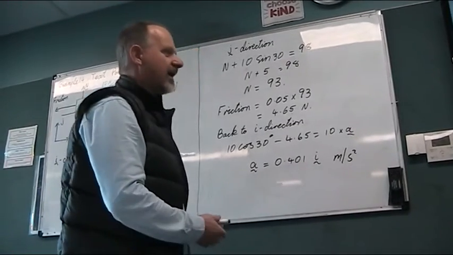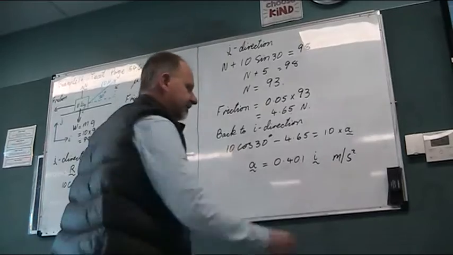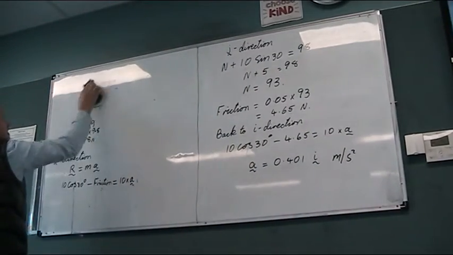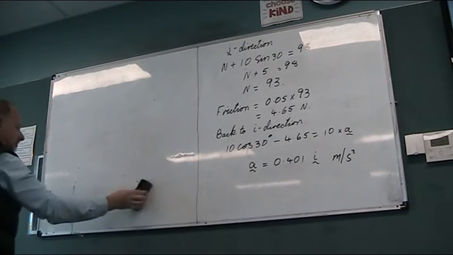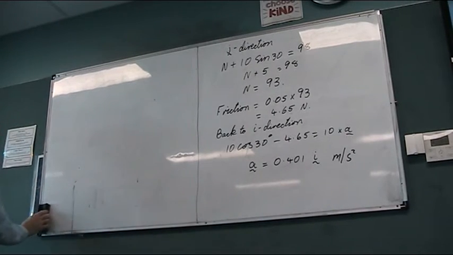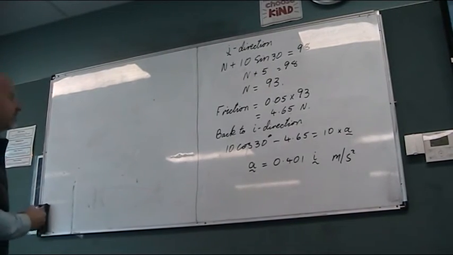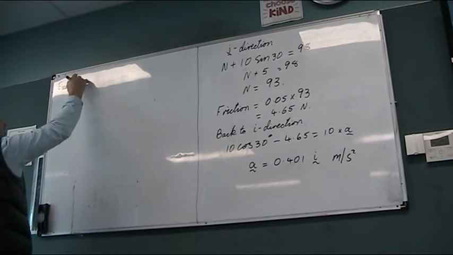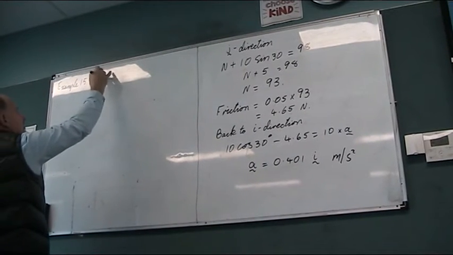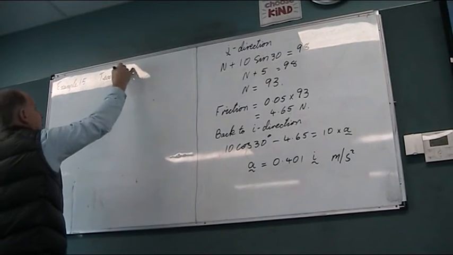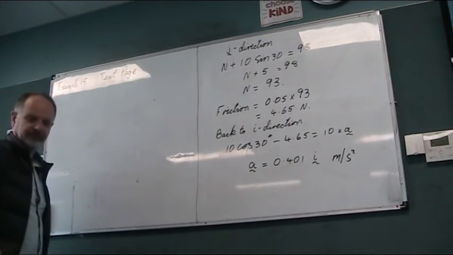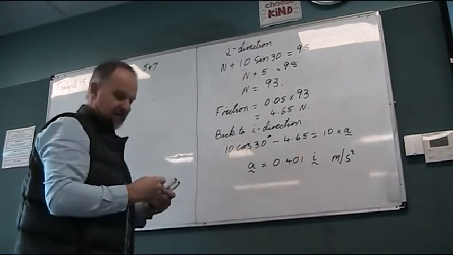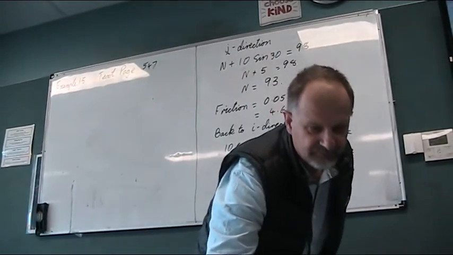Let's have a look at one that is on a plane which slopes. We'll get that out of your textbook as well. Example 15, page 547.